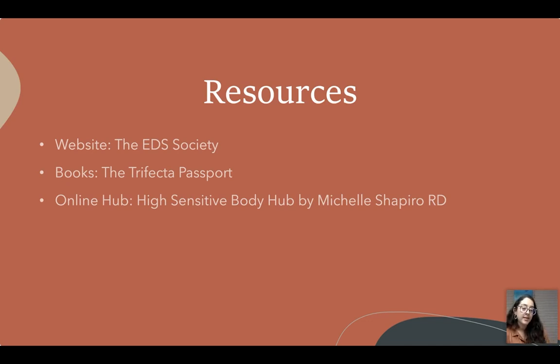And then recently I came across this hub by this amazing dietitian whose podcasts I've listened to a few of, or ones that she's been on. She has this Highly Sensitive Body Hub online, and there is information about each of those three conditions in that triad, and also different suggestions to look a little deeper.